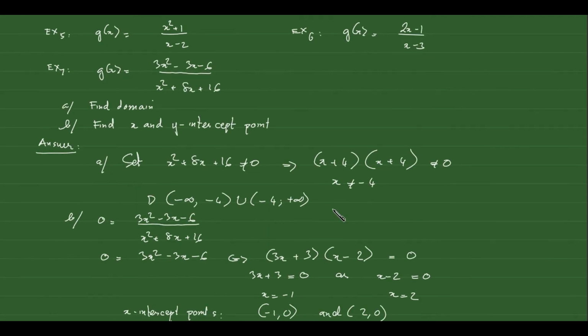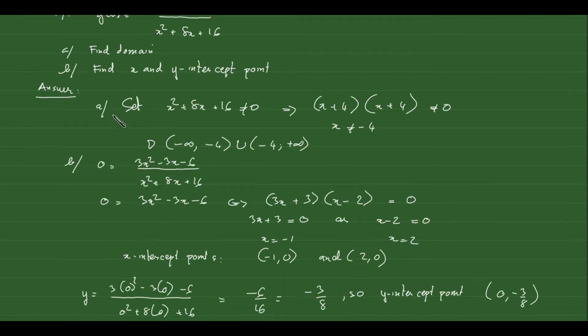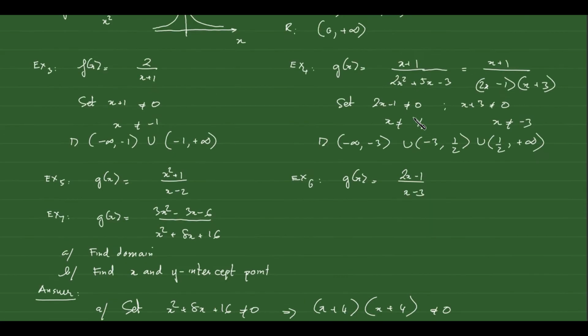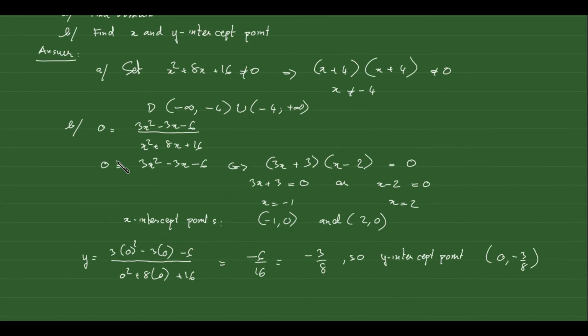And again, in order to find the domain of a rational function, you just have to set the denominator not equal to 0. Of course, some rational functions are harder, and you have to factor them out. If the denominator is factorable, that would be very easy. But if it's not factorable, then finding the domain of that rational function will be tough.